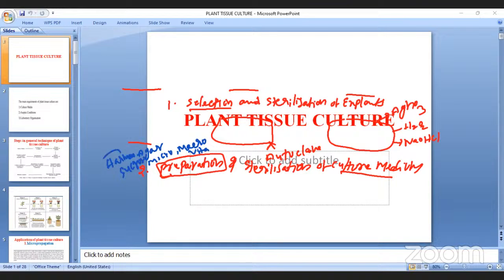They are required for the preparation. Now the sterilization process.